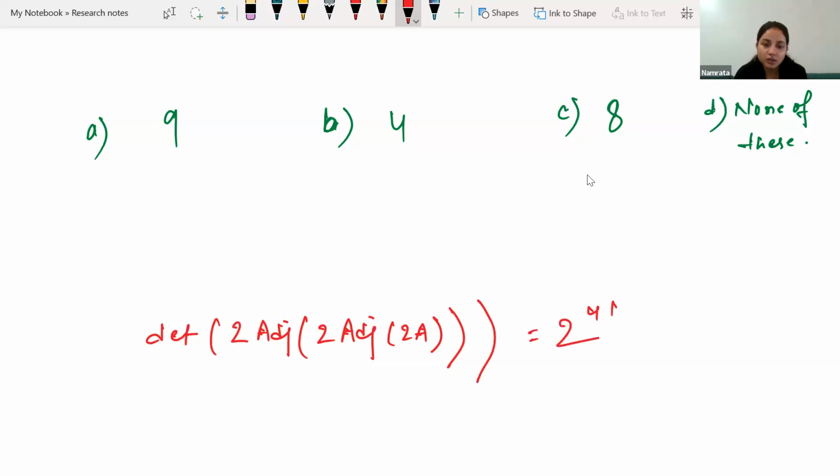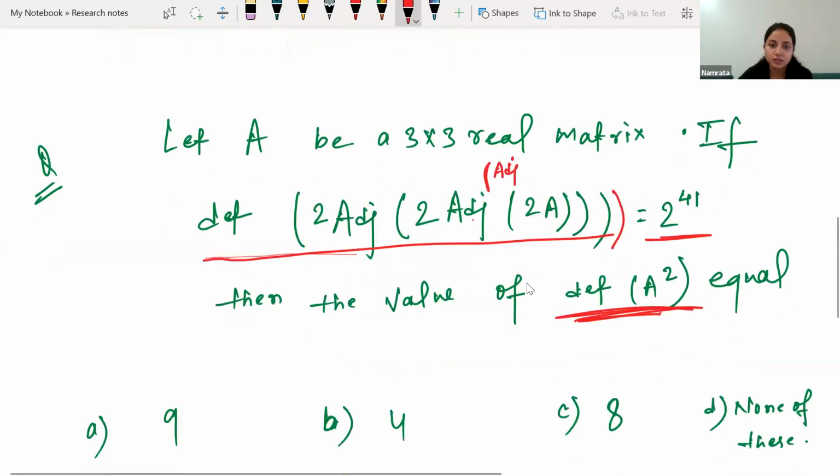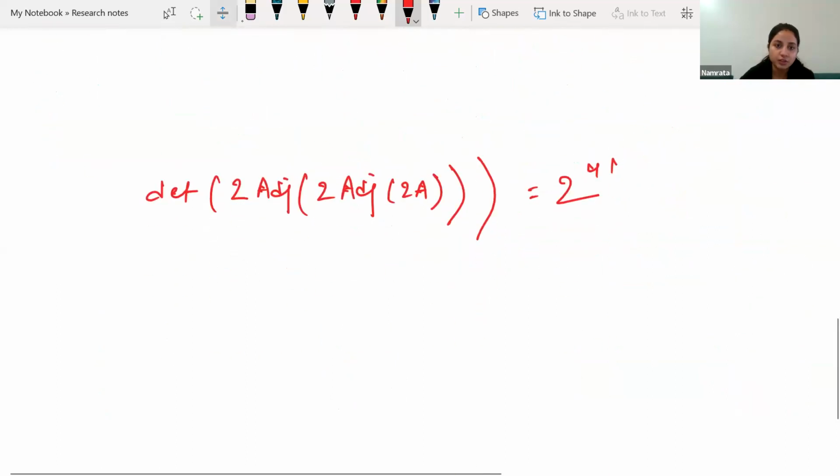Let me check whether all the adjoints over here I have written properly or not. It's 2 adjoint, then again 2 adjoint, then again, okay, I'm missing one adjoint over here. Let me write it carefully.